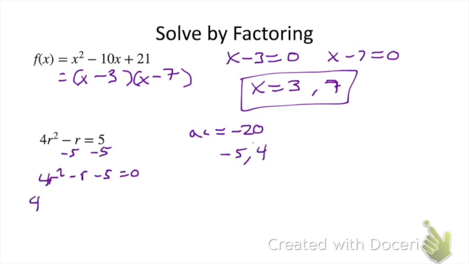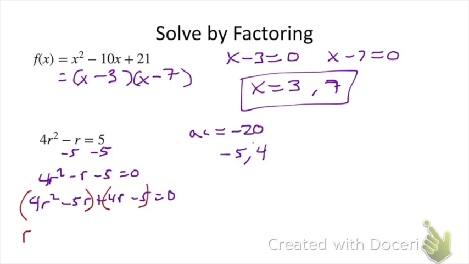So now we split the middle. 4r squared minus 5r plus 4r minus 5 equals 0. We group the first and last terms together. We factor out our greatest common factor.